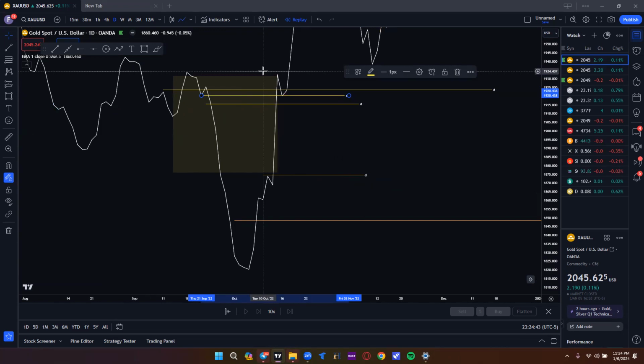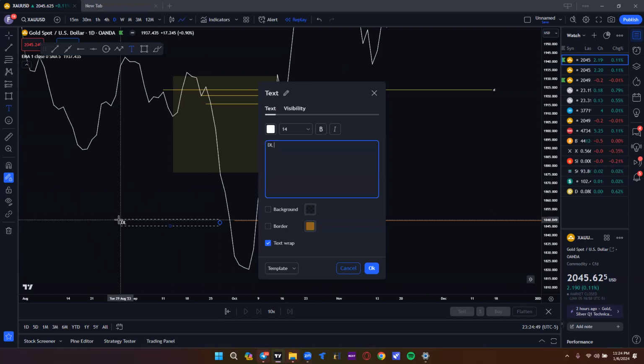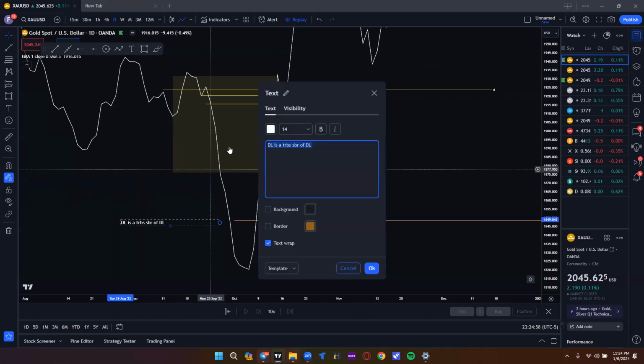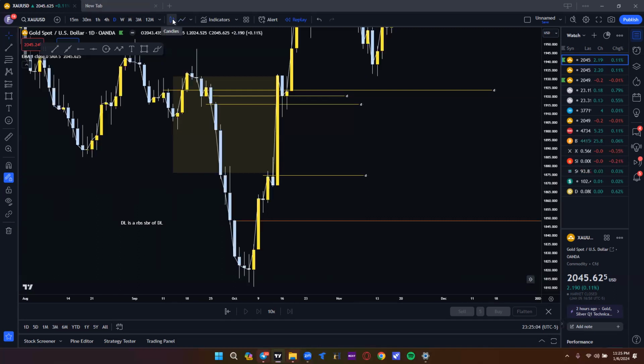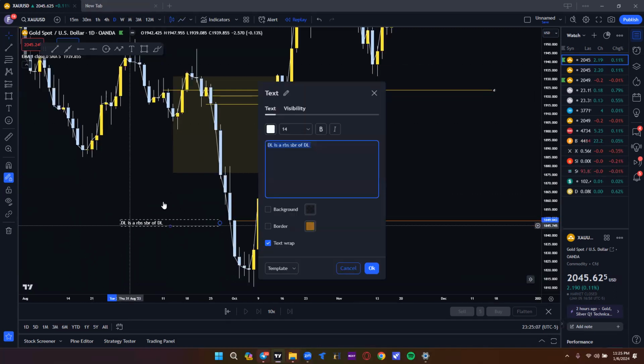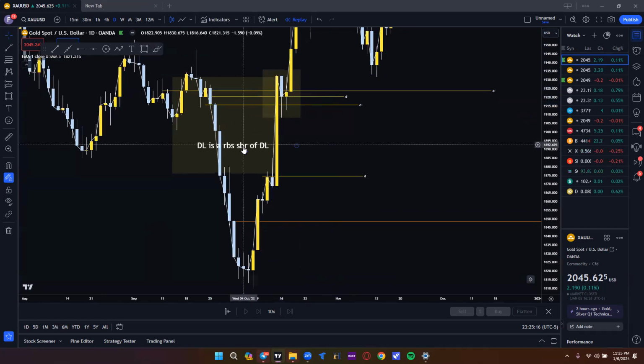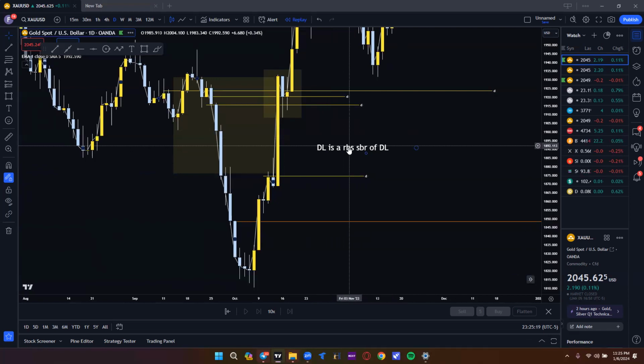We don't use SBR, but I'm showing you guys the definition of what I mean by decision level is an RBS SBR of decision level. If you can understand this definition in your brain and get this across however you can, this wording right here is what's going to be it. This is the support, and support becomes resistance, resistance becomes support of decision level.